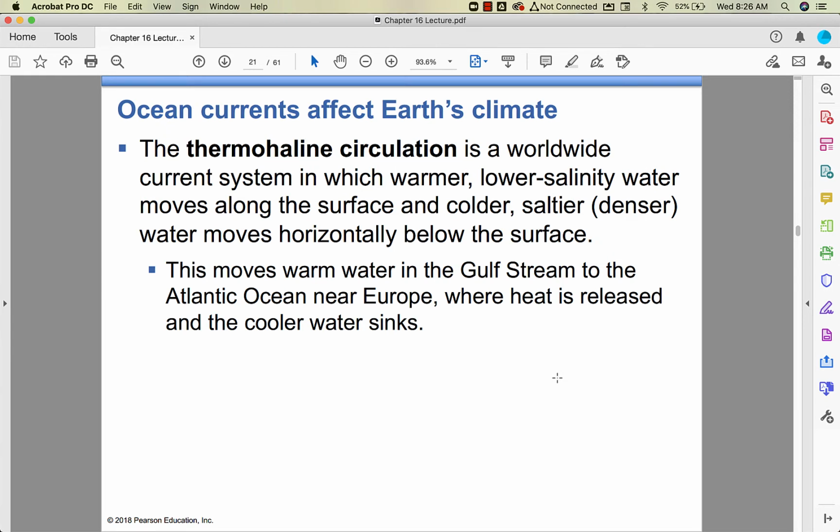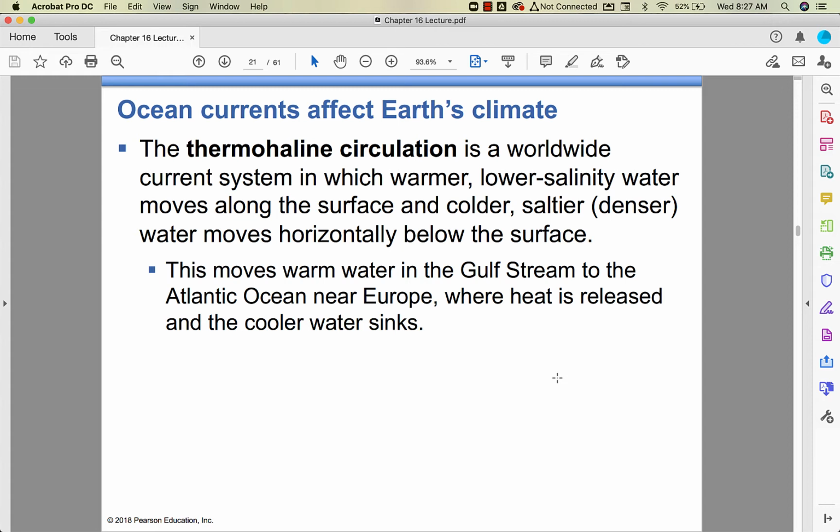So we just talked about surface currents and vertical currents. You can put them together to get something called thermohaline circulation. Thermo is temperature and haline is salinity. So it's circulation based on differences in temperature and salinity. You've got warm, lower saline water moving across the surface, and saltier, colder, denser water is going to move horizontally.